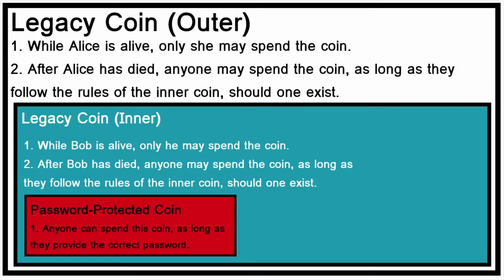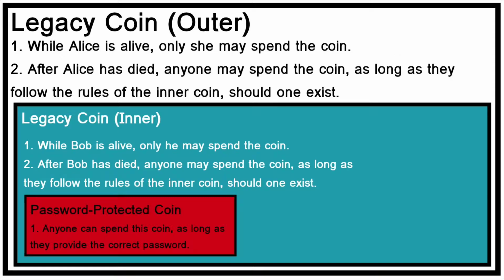So one really cool aspect of this type of structure is that while Alice is still alive, she can hand out the puzzle to Bob and to the charity people. She can hand them the solution to the puzzle, and she can hand them the address of the coin and show them how to create a signature. So now they have all of the information they need to unlock the coin, except they still cannot spend it until Alice dies, because, again, while Alice is alive, only she may spend the coin.